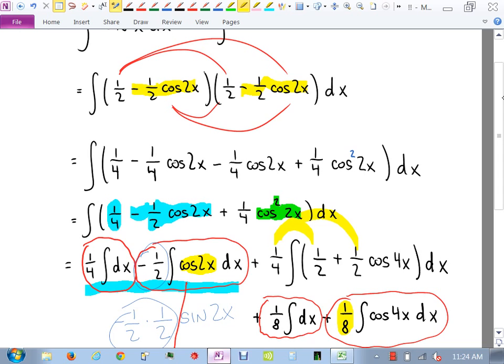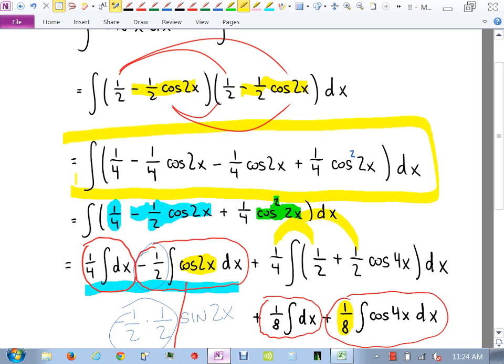Where? Second line? This one right here? With those red lines, I'm expanding out. This first one, 1/2 times 1/2, 1/4. And then this one again. You see it? Okay. This looks like a mess, doesn't it?